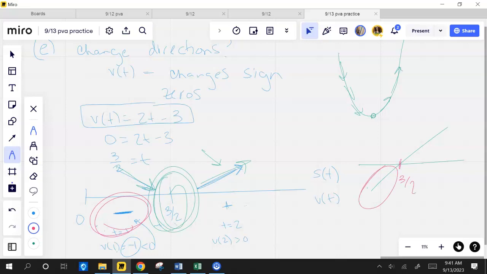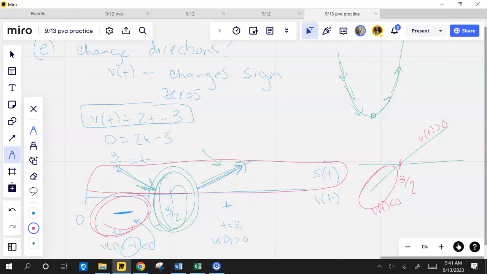Yeah, it's below the x-axis. So here velocity is negative and here it is positive. Remember with velocity, I'm just looking above the x-axis, below the x-axis. When's it negative? Positive? The top describes position, the bottom describes velocity. The velocity helps me determine what the original graph is looking like.